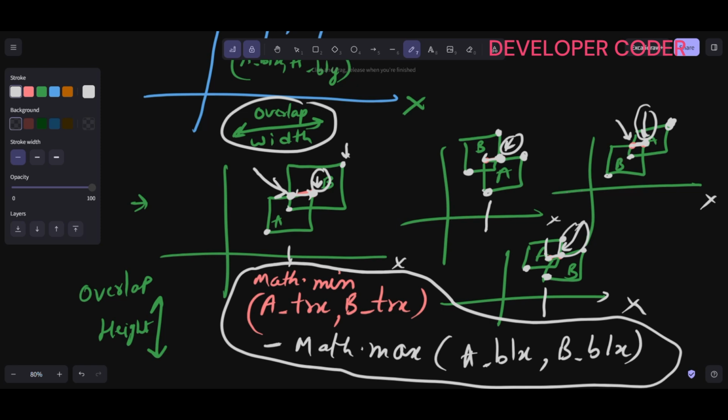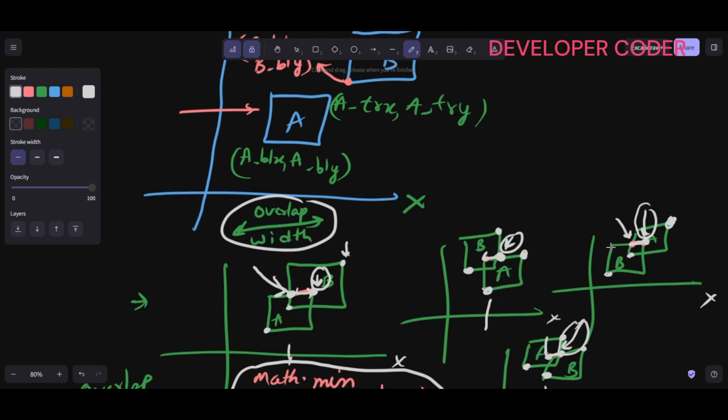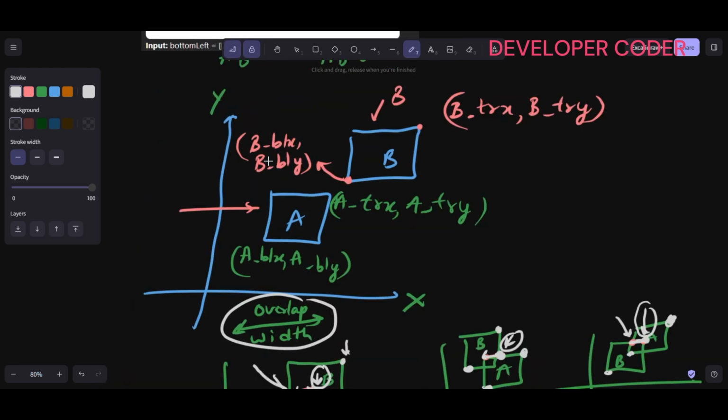Clear? Now if you see this diagram, in this case there is no overlap width, right? So in this case your overlap width is not going to be greater than 0. In all these, overlap width is going to be greater than 0, but here it's not.